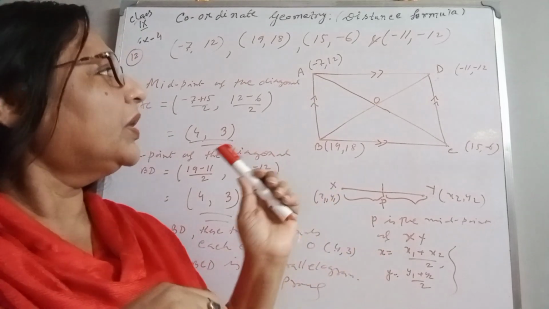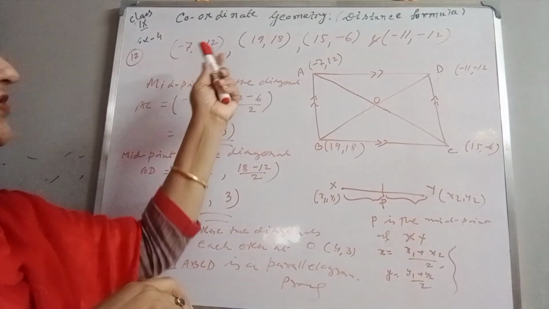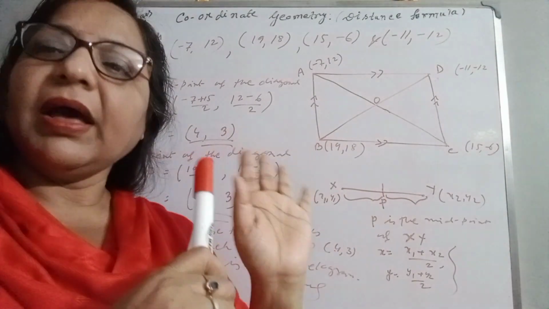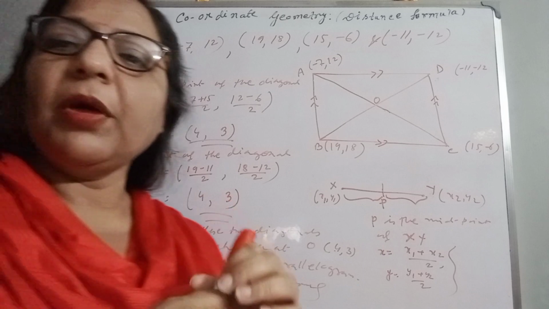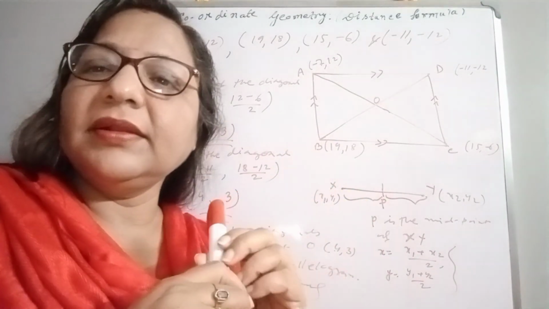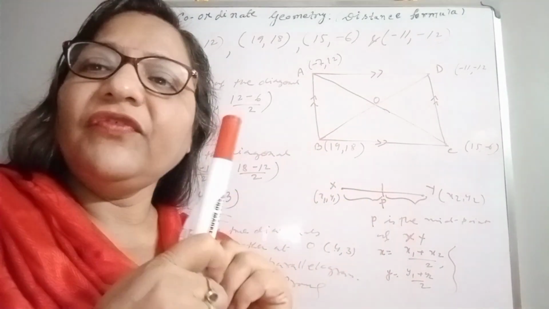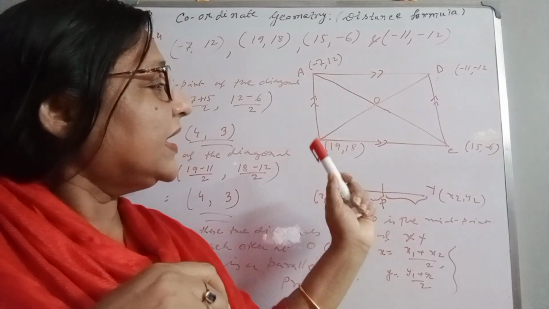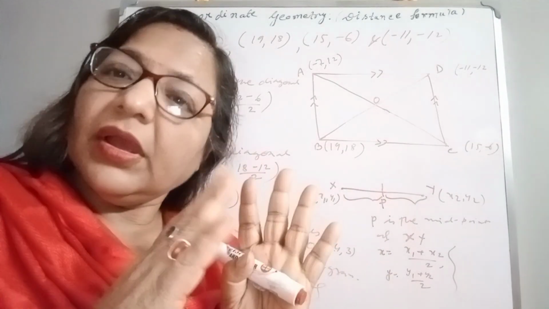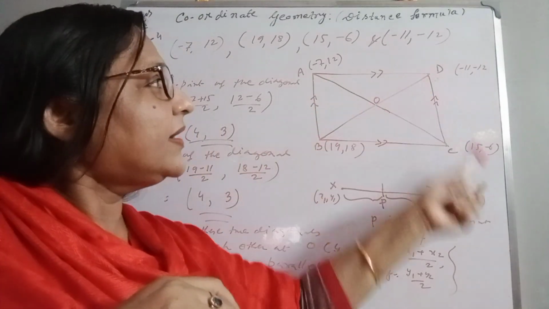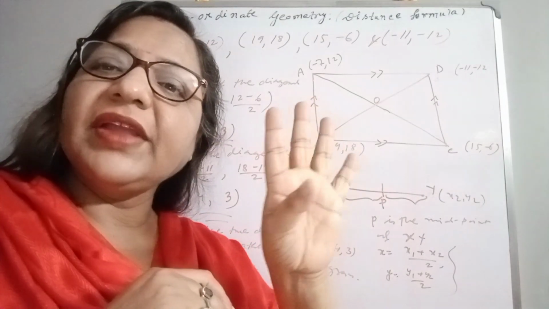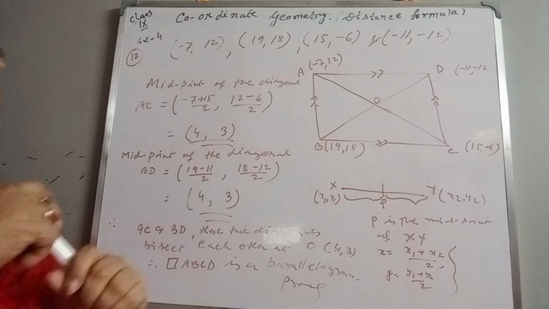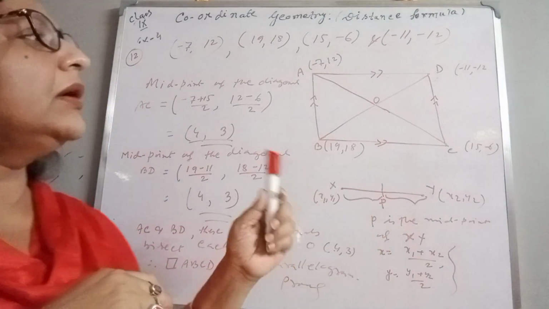Now, what did I say? We have to prove that these 4 points, when joined in order, form a parallelogram. We know the properties of a parallelogram: opposite sides are parallel and equal. If we follow that, we have to find the distance AD, then BC, then AB and CD. So 4 lengths we have to find, and also write that AD is parallel to BC and AB is parallel to DC.